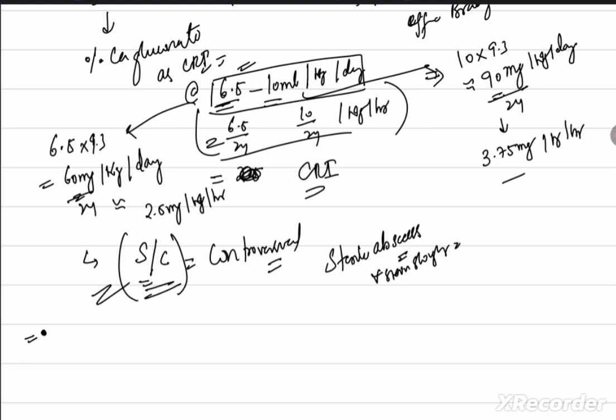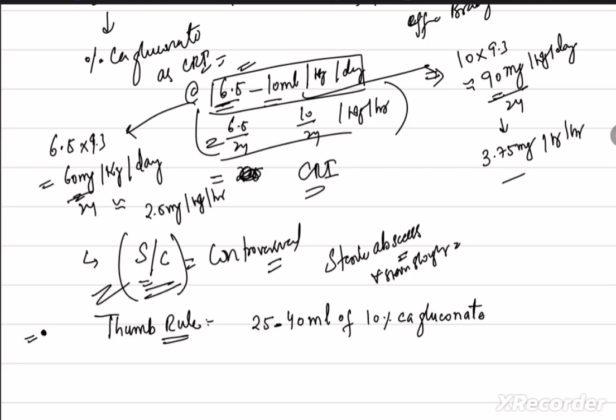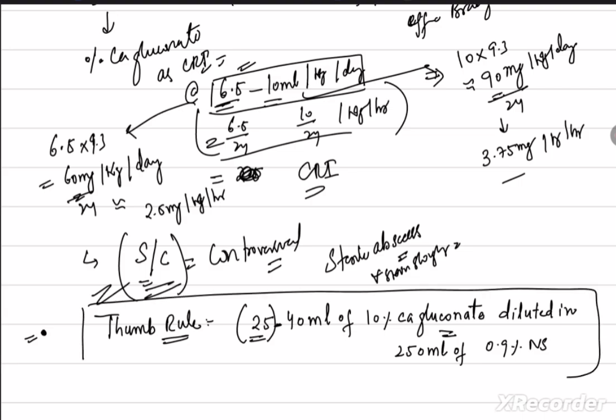When you are giving 10% calcium gluconate, there is a thumb rule: take 25 to 40 ml of 10% calcium gluconate and dilute it in 250 ml of 0.9% normal saline.